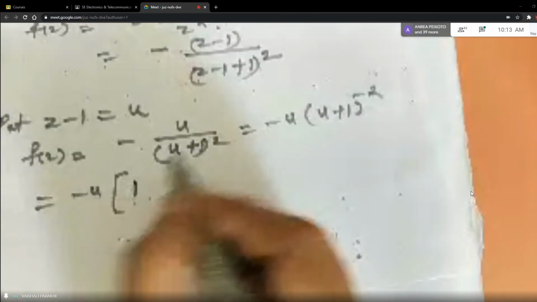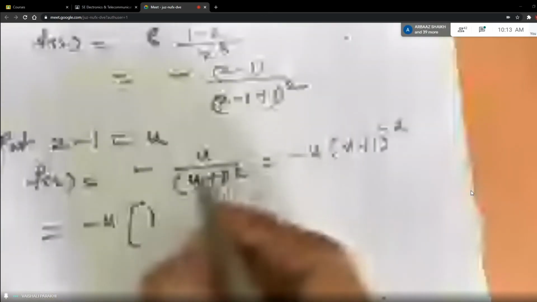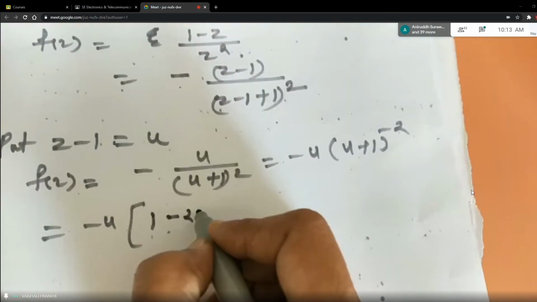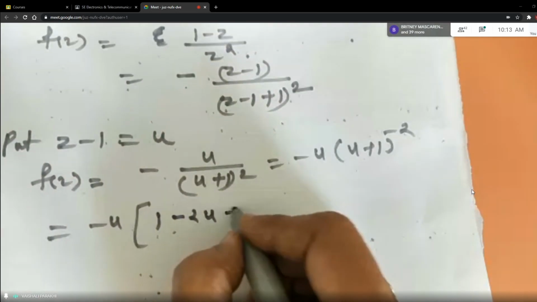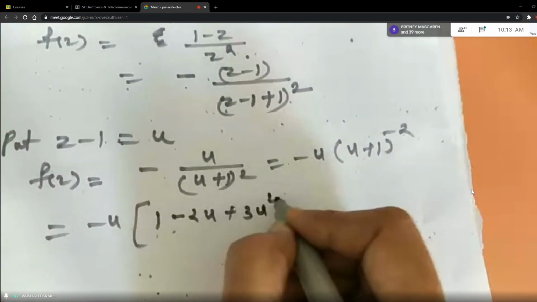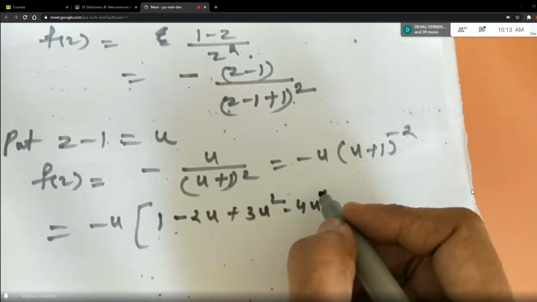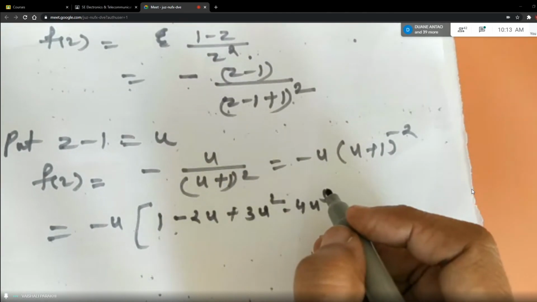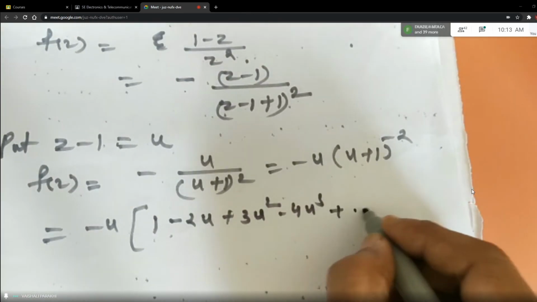So it is 1, then minus 2z, and z means u, then plus 3u square, then minus 4u cube. Nothing else I am doing, students, I am just substituting u in place of z in our ready-made formula.